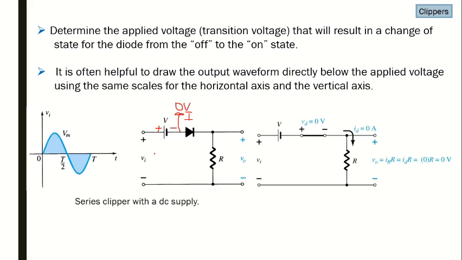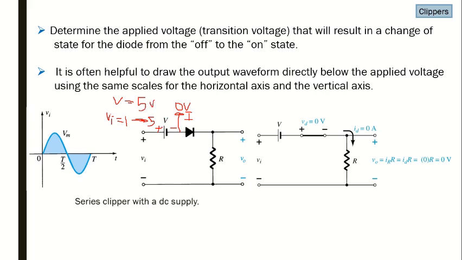So here you can see, let Vi be in the range of 1 to 5, and let V be equal to 5 volts.